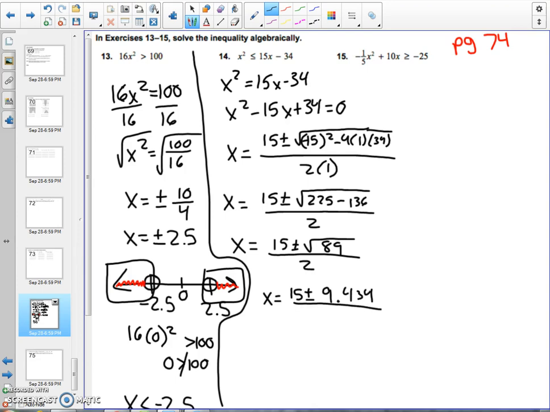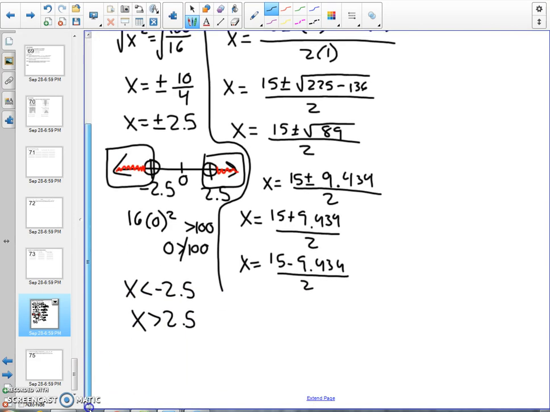Just because I want to be able to set up that number line, so I need to know the exact values here. So then I'm going to do 15 plus 9.434 over 2, and 15 minus 9.434 over 2, so I can see what my solutions are here. 15 plus 9.434 divided by 2 is 12.217. 15 minus 9.434 divided by 2 is 2.783.